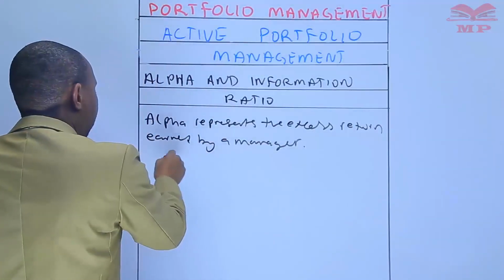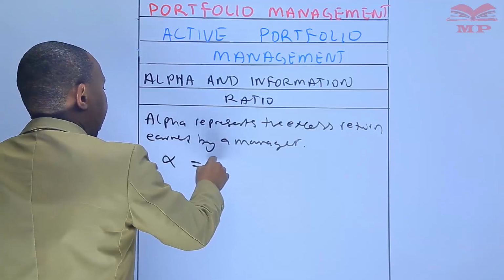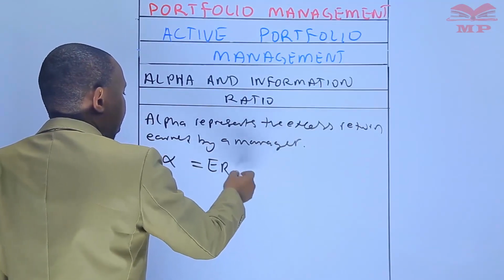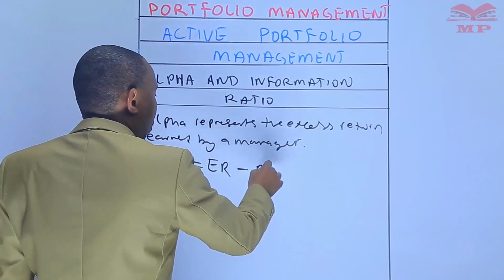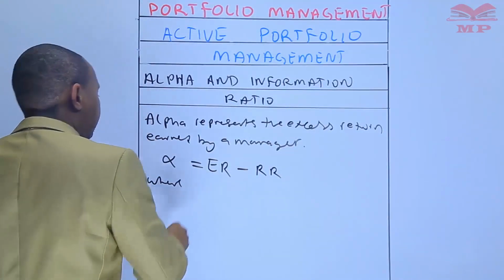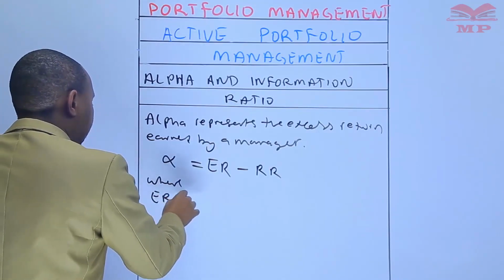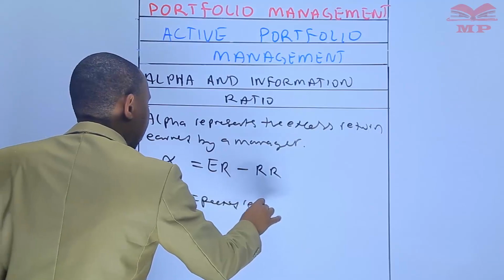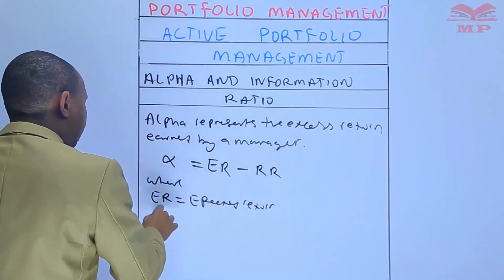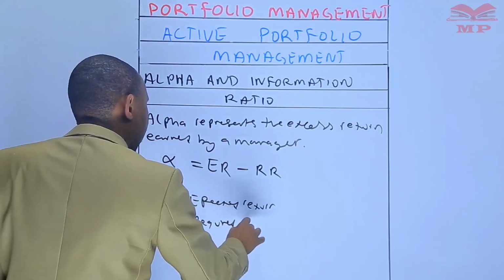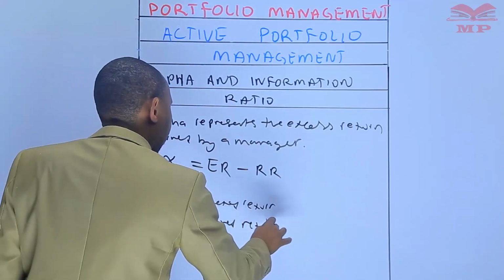So we're saying alpha is given as expected return minus required return, where ER is expected return, then RR is required return.